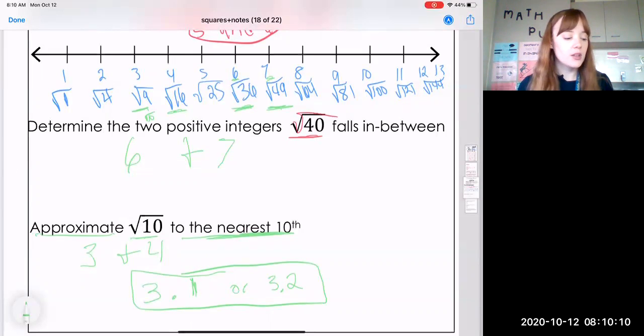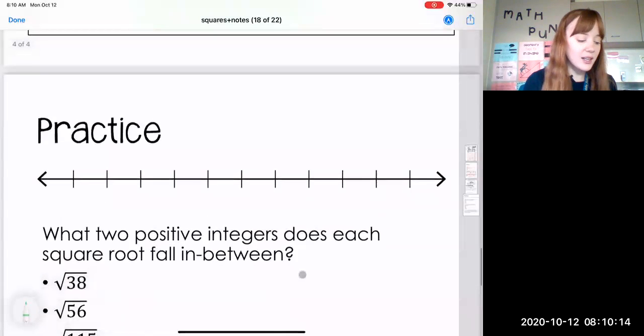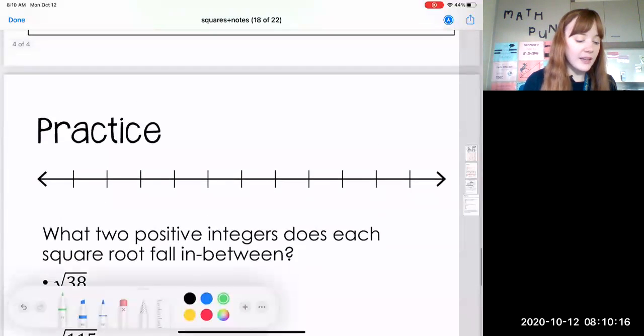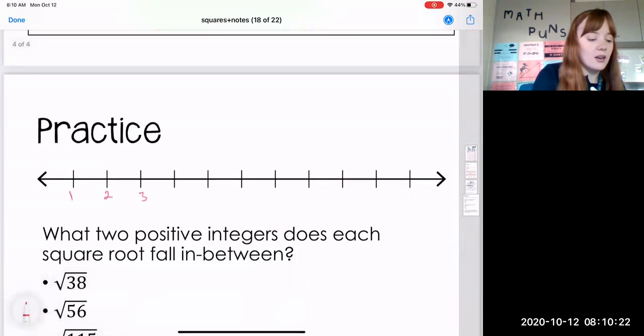So let's do some practice with this. We're just going to set up that number line at the top again one more time so you can get practice setting it up. So we just create the regular numbers first, and then we build the perfect squares from there.